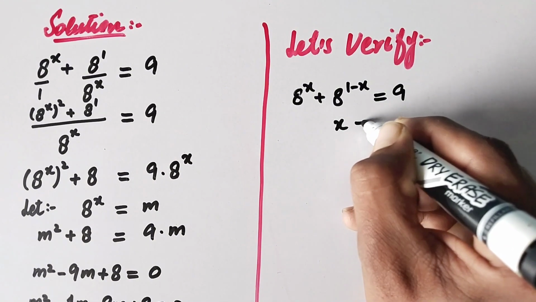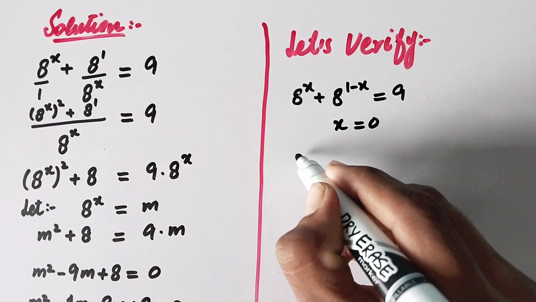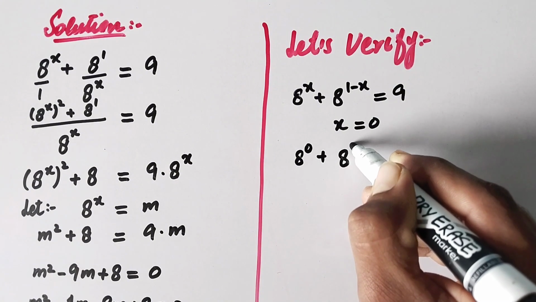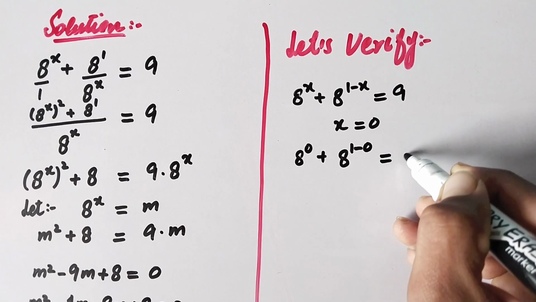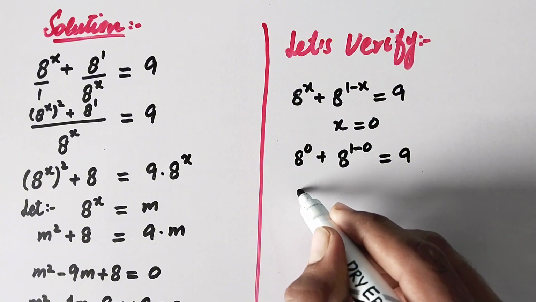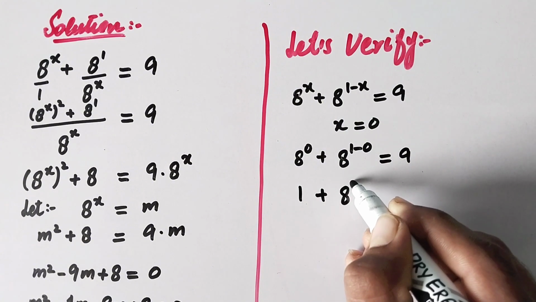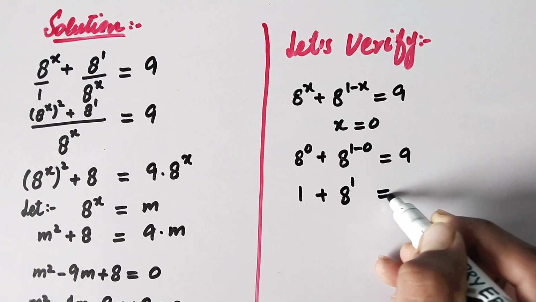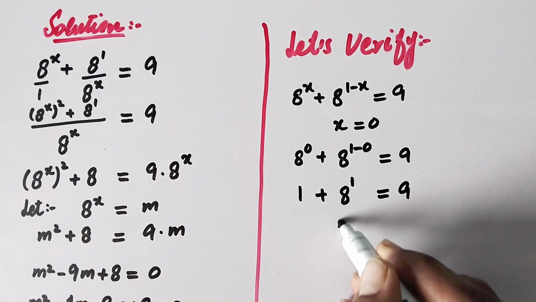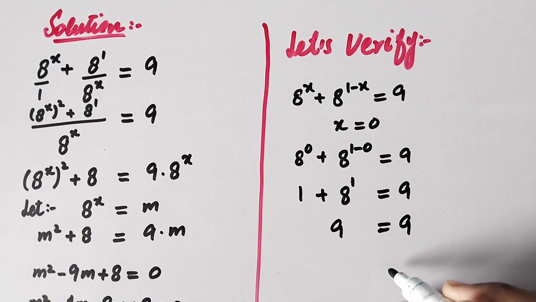When x is equal to 0, by putting the value of x here, the equation will be 8 to power 0 plus 8 to power 1 minus 0 equal to 9. As we know 8 to power 0 is equal to 1, plus 8 to power 1 minus 0 is 8, equal to 9, and 1 plus 8 is equal to 9, also equal to 9.